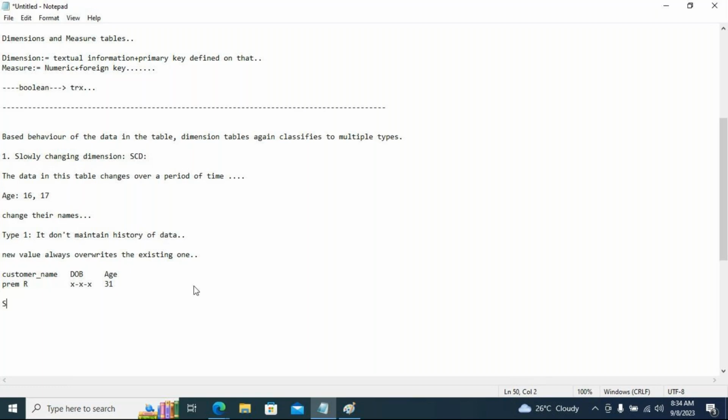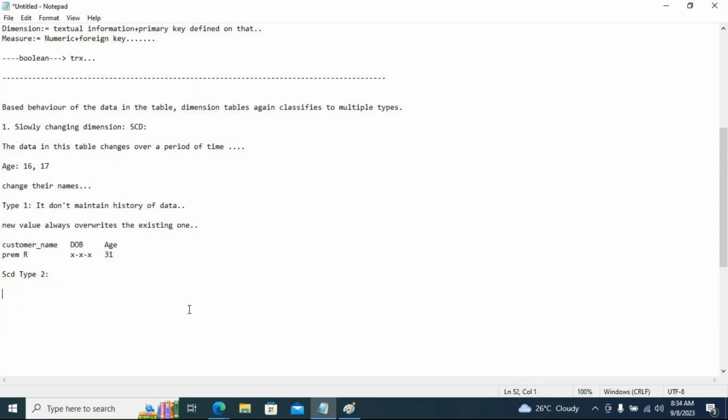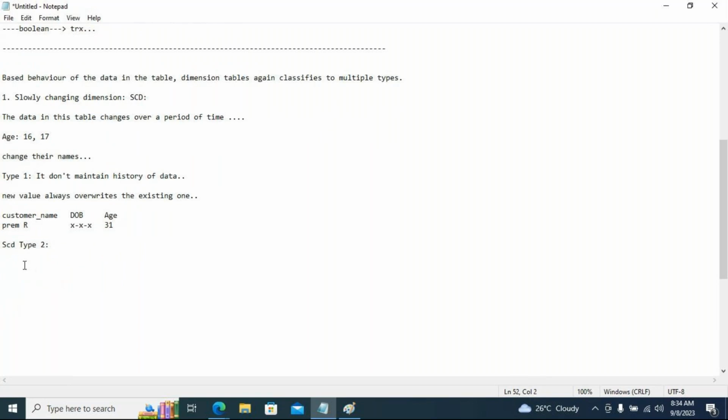Got it? So let's take another example, SCD type 2. In this table, the history values are always maintained as a new row. Let's take the same example.